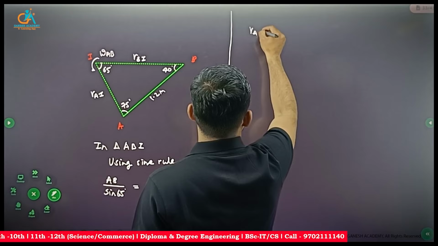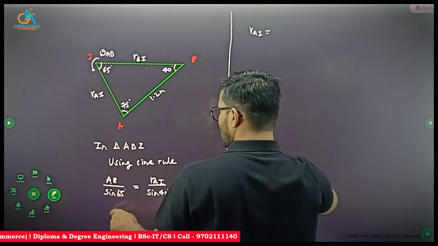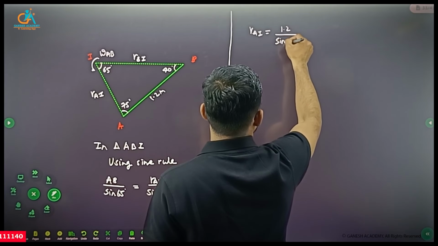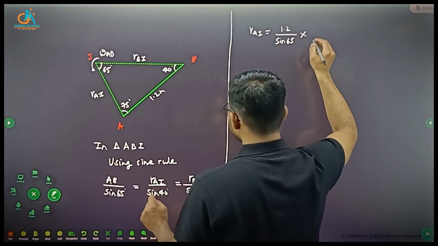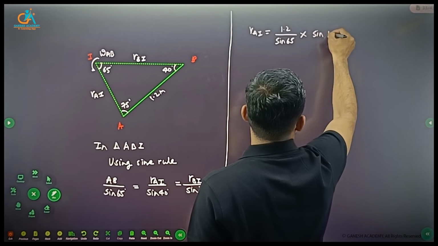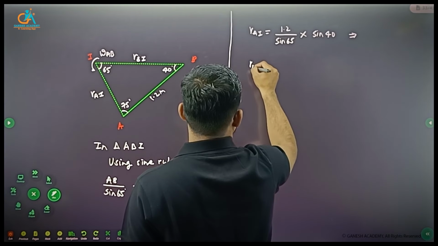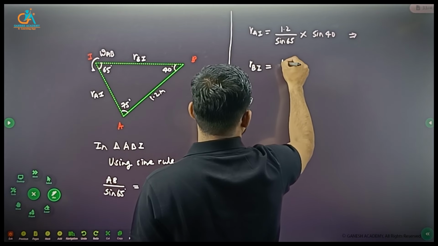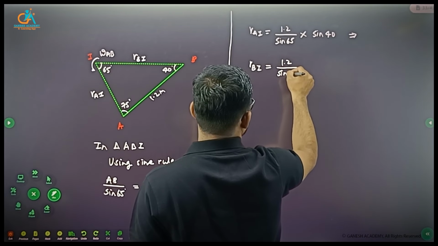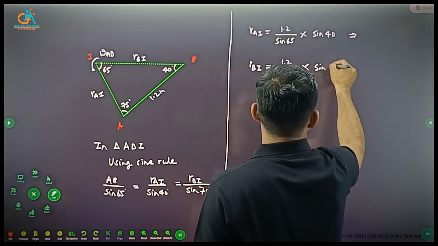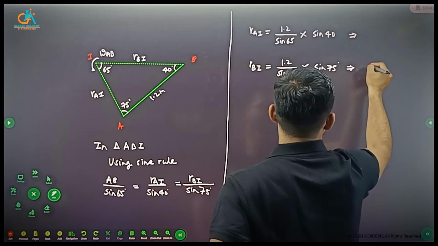RAI is equal to AB upon sine 65, which is 1.2 upon sine 65, into sine 40, and RBI is equal to 1.2 upon sine 65, into sine 75.